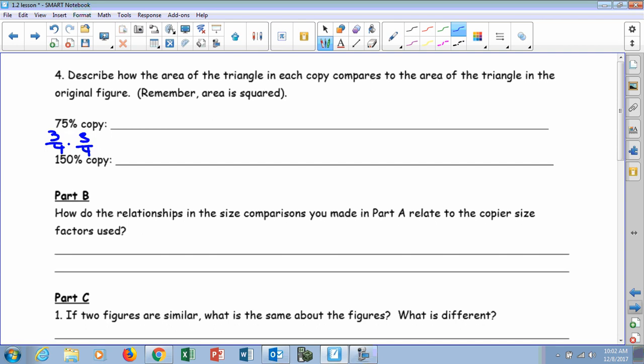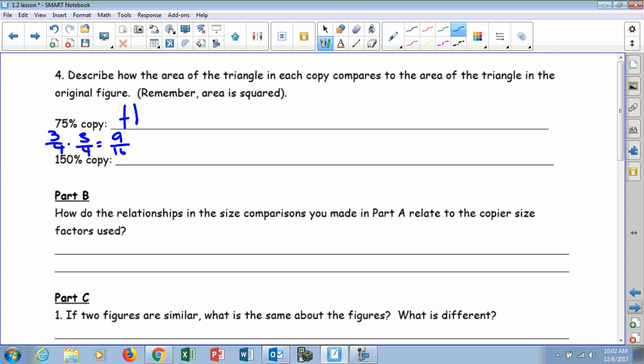What's 3/4 times 3/4? Who remembers how to multiply fractions? Maria? Yeah, you multiply straight across. So 3 times 3 is 9, and 4 times 4 is 16.